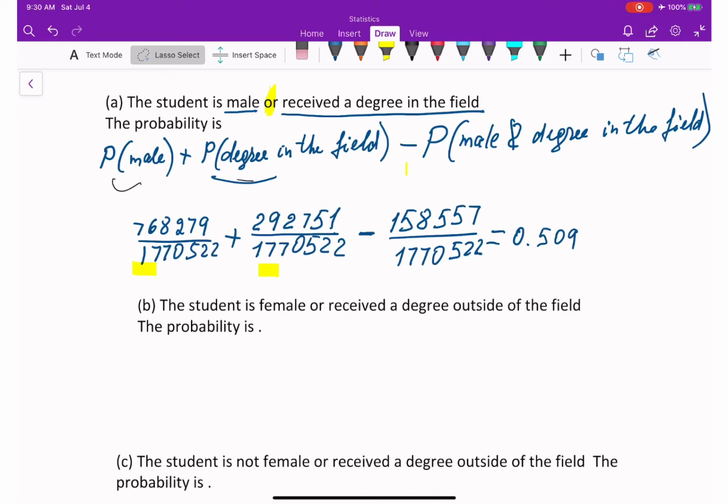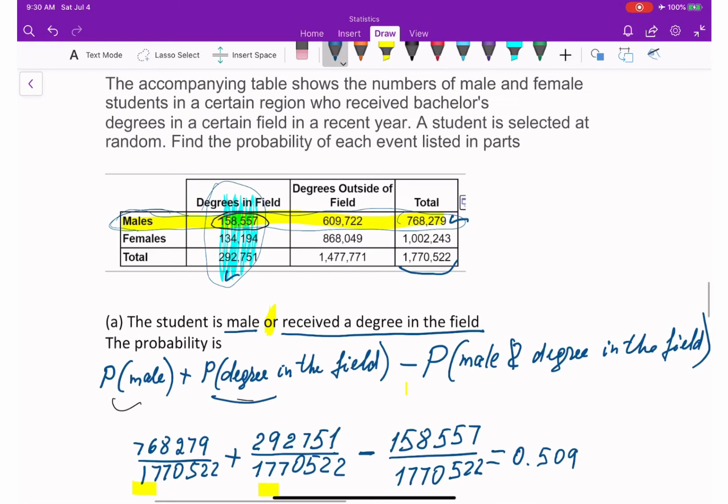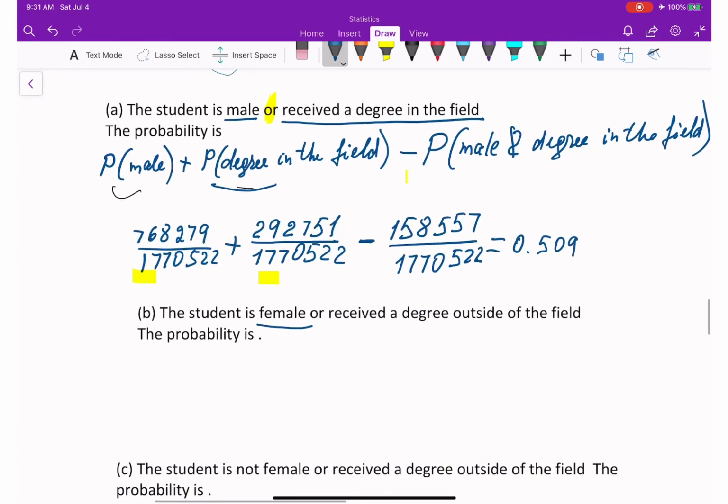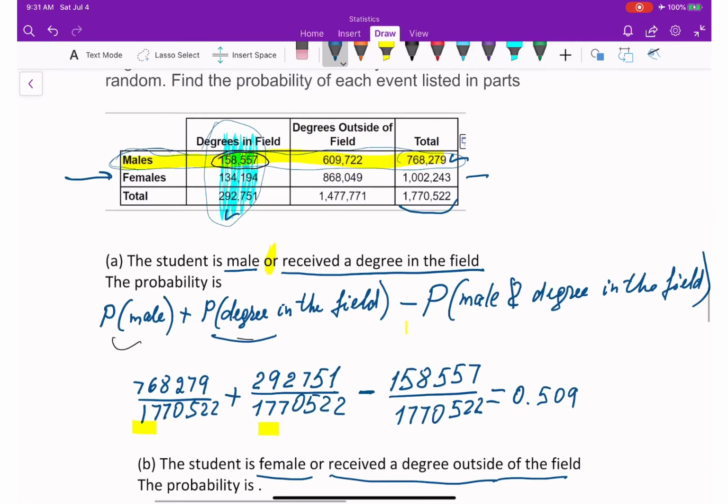Because when we are talking about female, the total females is gonna go in the row, and receive degree outside of the field, it's gonna go in as a column. So column and row always cross each other, and then the duplicate is gonna be 868049.